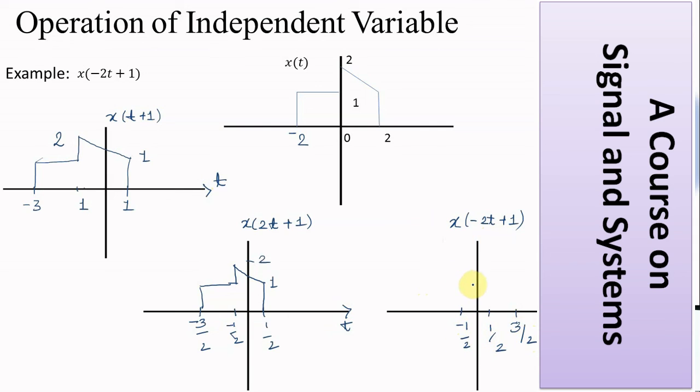So it takes just the reversal, having a magnitude of 1 from 3 by 2 to 1. It will increase like this to 2 and will again jump back to 0. So this amplitude is 1, this axis is time.